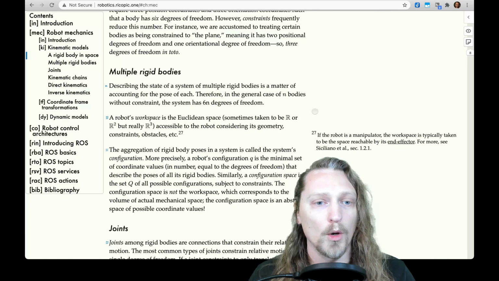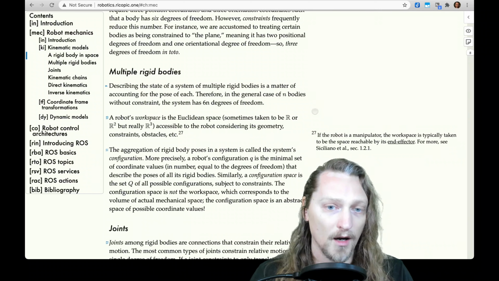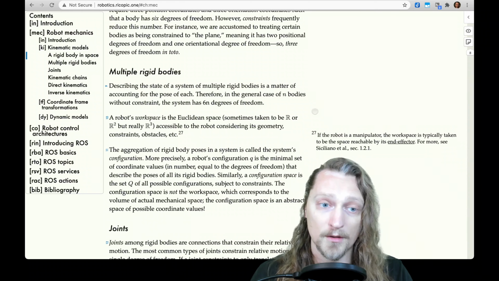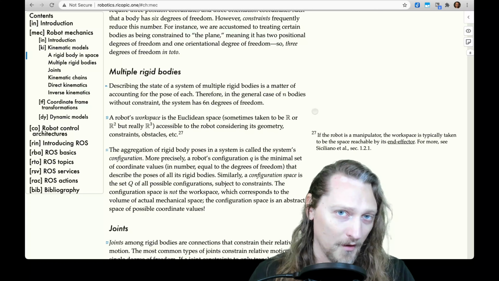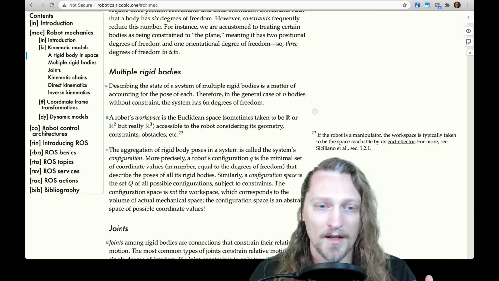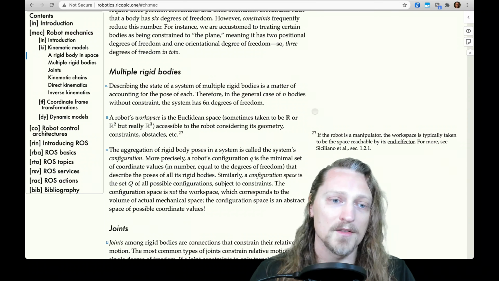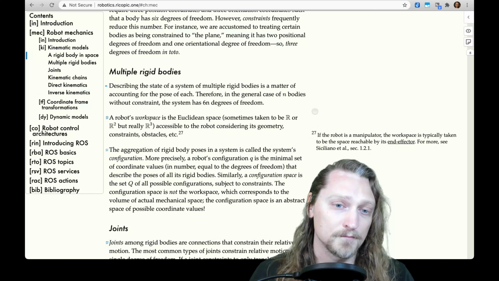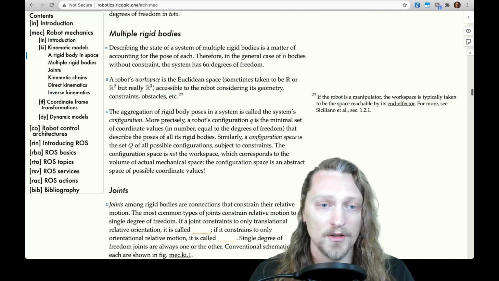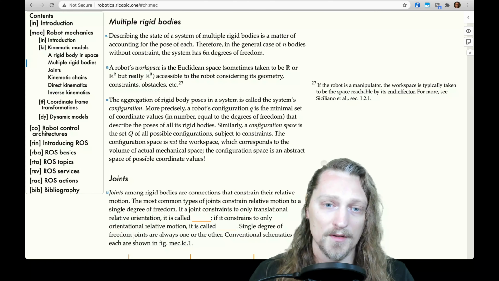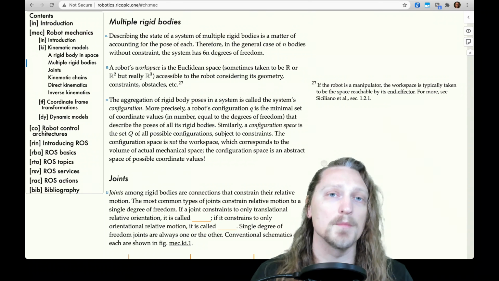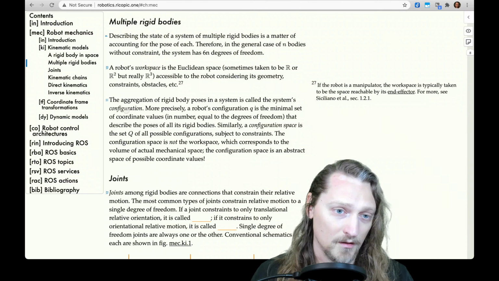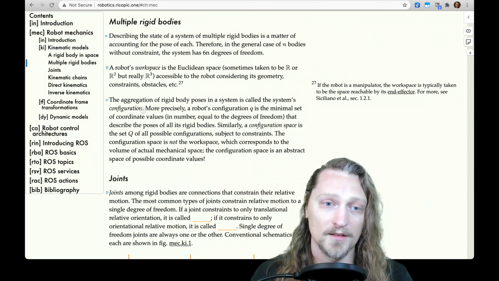A robot's workspace is the Euclidean space, sometimes taken to be R, the real numbers, or R2, but really R3, right? The real space, accessible to the robot considering its geometry, constraints, obstacles, etc. The aggregation of rigid body poses in a system is called the system's configuration. Okay, I'm going to use this a lot.